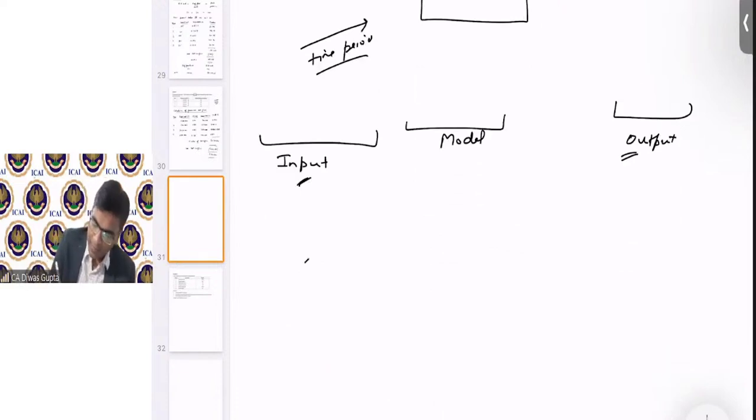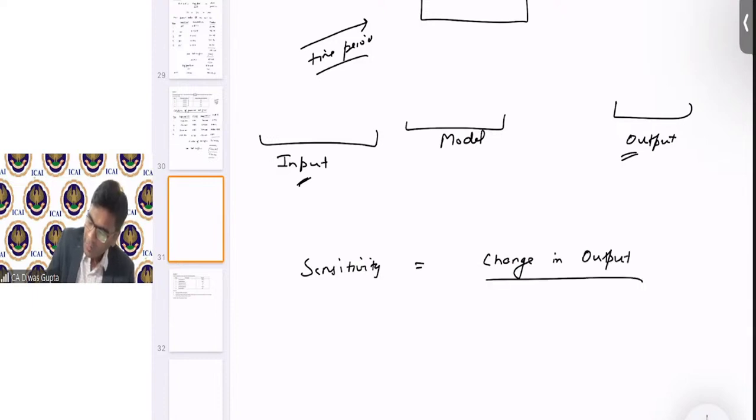So for example, let me first write: change in output divided by change in input. And here we take one input change at a time.